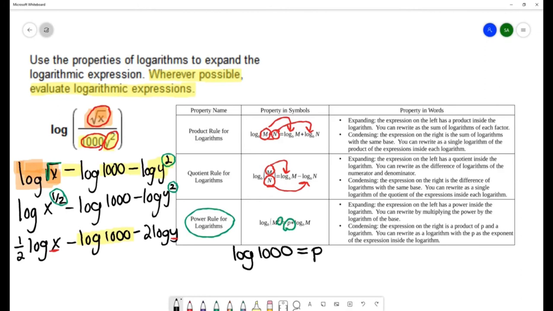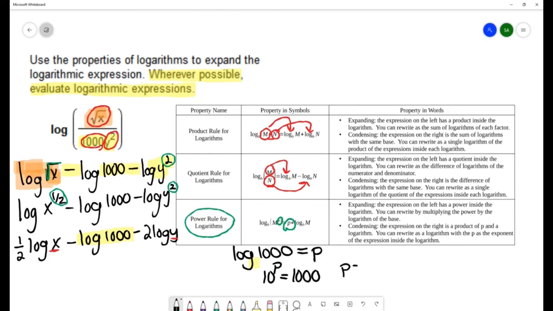Let me rewrite this in exponential form. So to rewrite it in exponential form, I need the base of the logarithm, which is usually written right here. And since nothing is written, I know this to be base 10. We have 10 to a power equals 1,000. 10 to what power is 1,000?